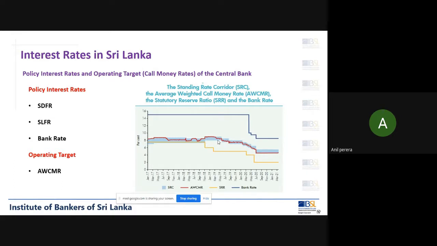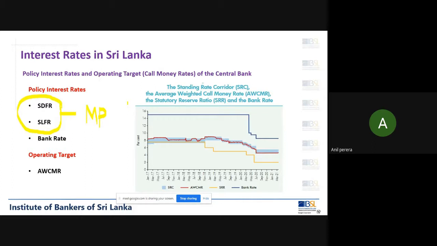There are three policy interest rates actually decided by the central bank, and out of these three, the first two are the most important rates in relation to change in the monetary policy. Central bank is giving some indication about the changes to the monetary policy by changing these policy interest rates, or the first two rates mainly.